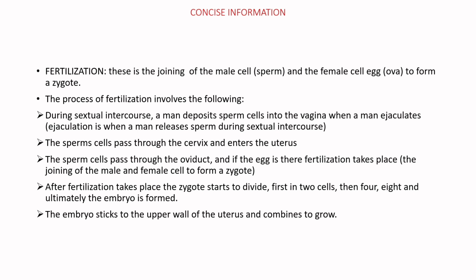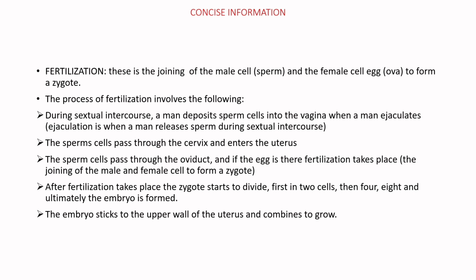Once the sperm has been deposited in the vagina, it will pass through the cervix and enter the uterus. From the uterus, the sperm will swim through the oviduct, which is also called the fallopian tube. Inside the fallopian tube, when the sperm meets the egg, fertilization will take place and result in a zygote.